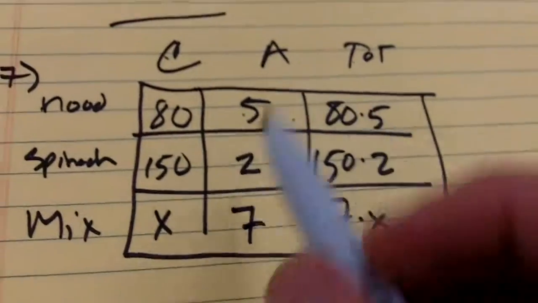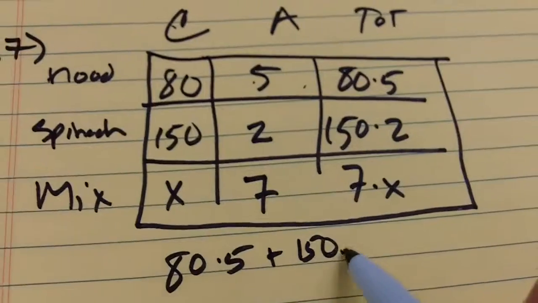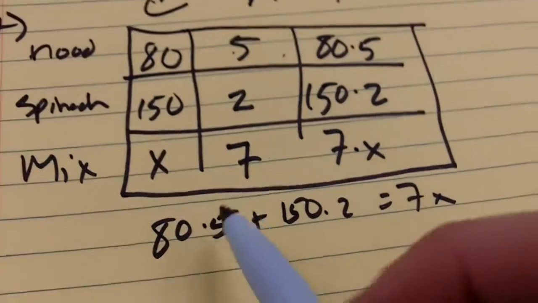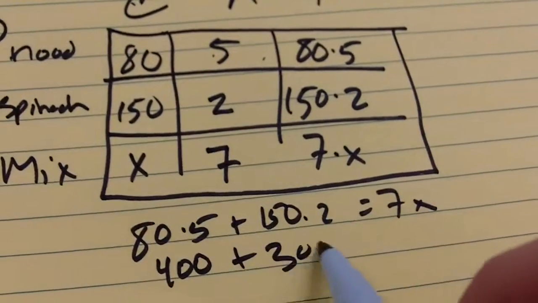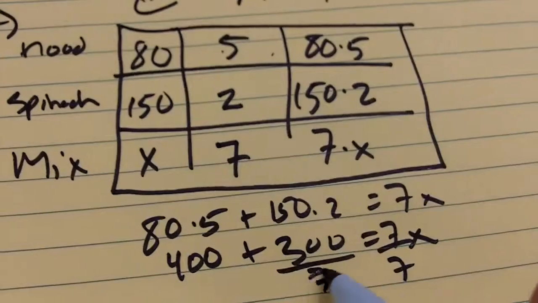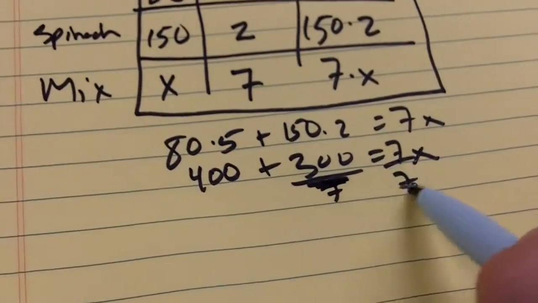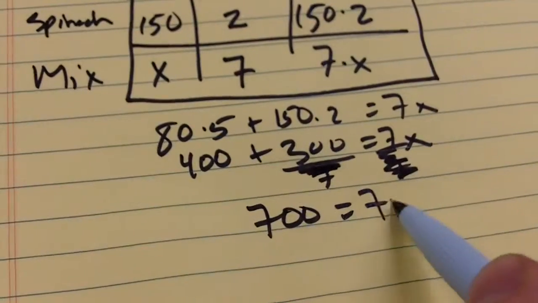Write the equation. 80 times 5 plus 150 times 2 equals 7x. 80 times 5, 400 plus 300 equals 7x. Divide by 7, divide by 7. Oh, sorry, not yet. Don't divide by 7 yet. 700, combine like terms over here, equals 7x.